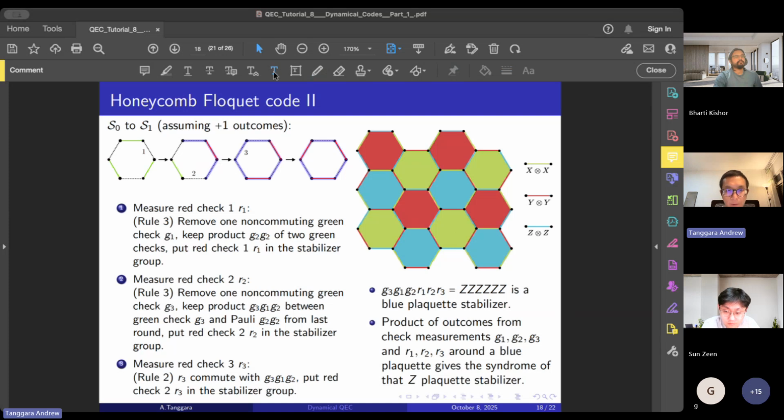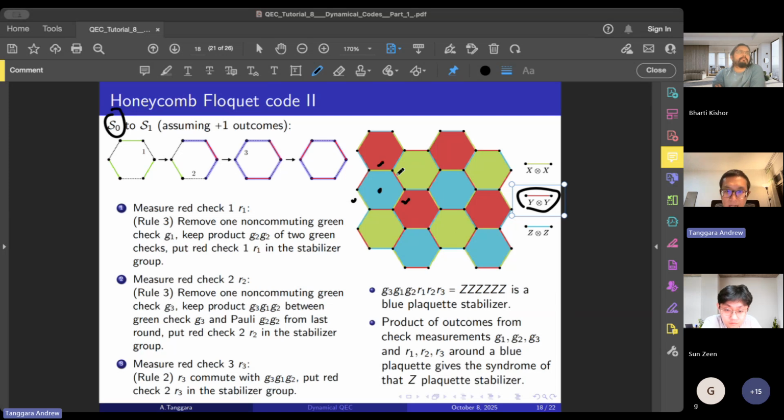So okay, let's say I'm just done with measuring all the green checks. So all the green checks are in my stabilizer group, which is S0. And now I'm going to measure all the red checks. So I'm just going to look at this one blue plaquette, say it's this one, right? I have this green check and this green check in my stabilizer group S0.